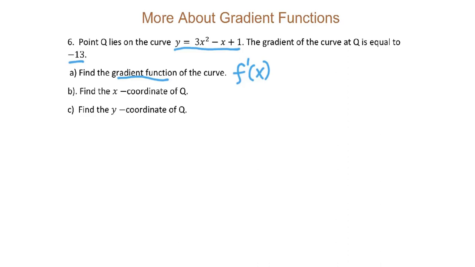So remember, here's the rule. For ax to the nth power, the coefficient stays, and the exponent drops down minus 1, like this.